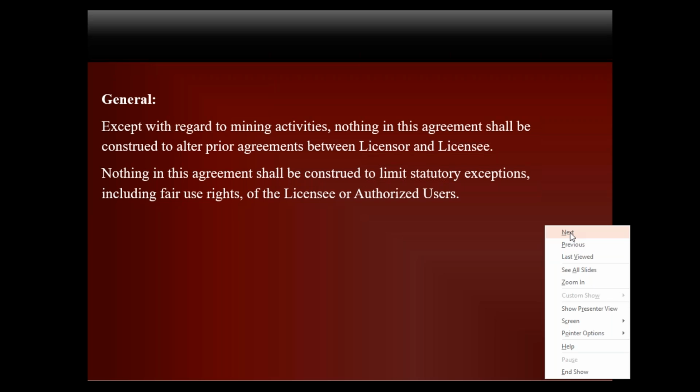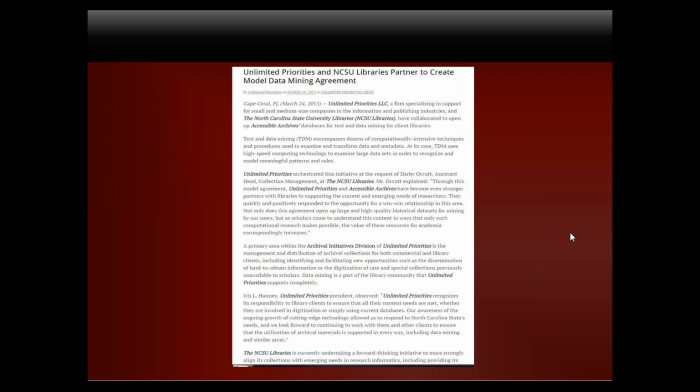This is a good point at which to call out our webinar host today. Unlimited Priorities and Accessible Archives have been model partners with libraries in making historical resources available for content mining. They were an early adopter of BAM even before I came up with that catchy acronym.